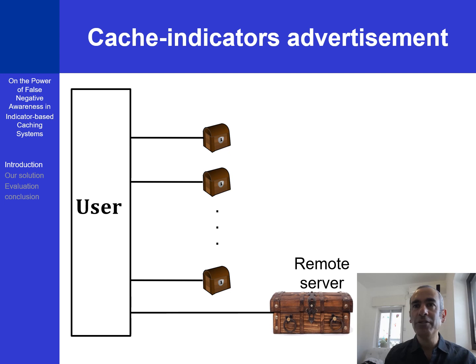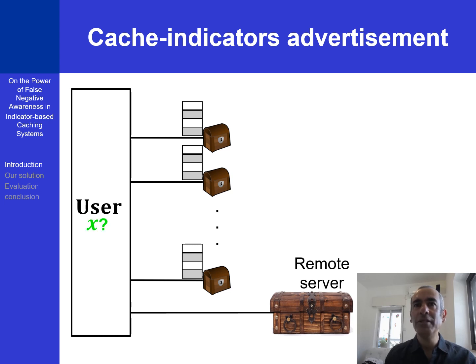To help the user decide which cache to access, the caches commonly generate and advertise indicators. An indicator is a compact representation of the list of items currently stored in the cache.